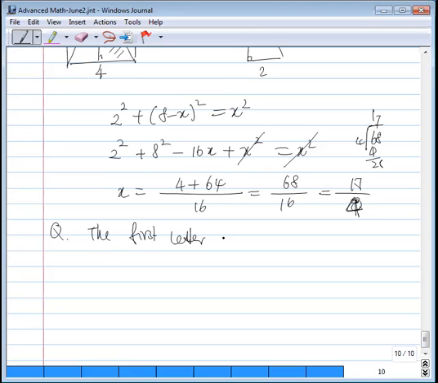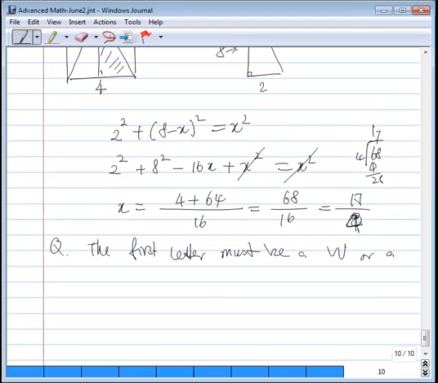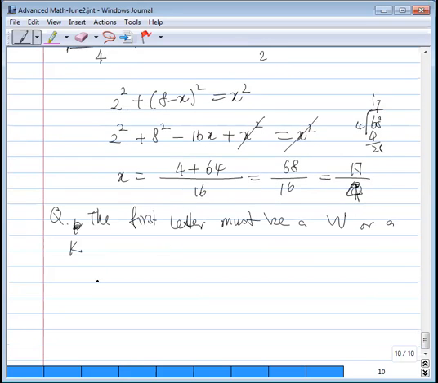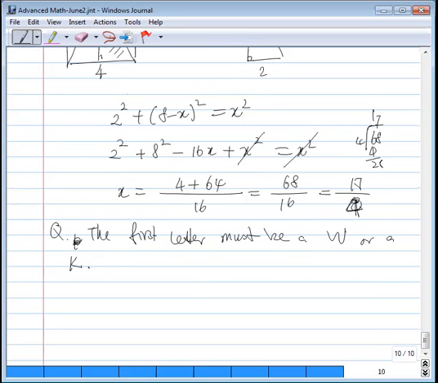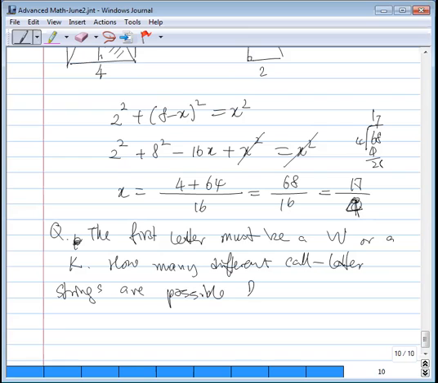The first letter must be a W or a K. And my question is how many different call strings are possible if no letter repeats.